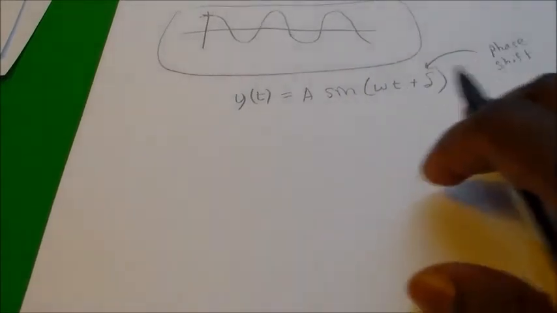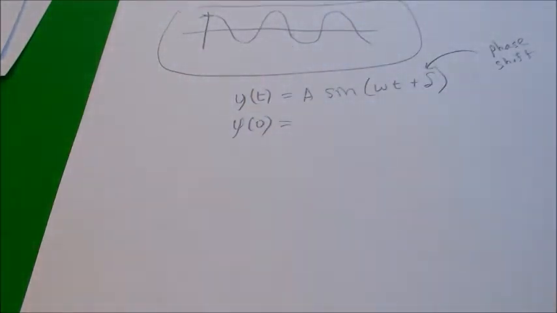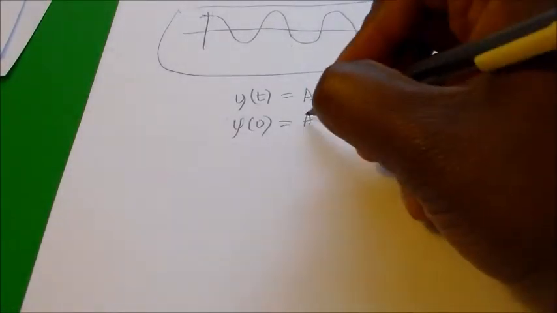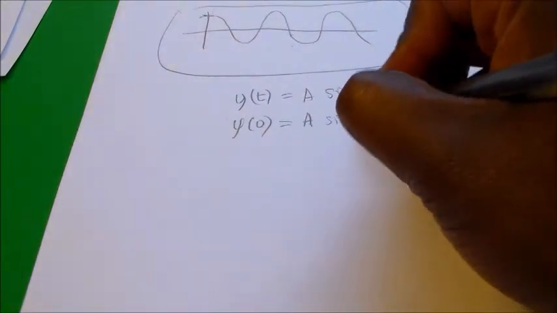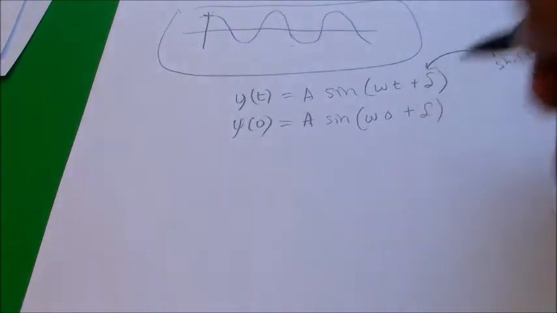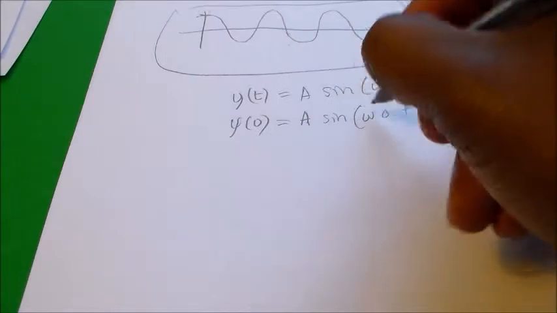Okay, so what we note is that when we have y at time t equals 0, we have our function at its highest amplitude, sine omega, let's go ahead and put 0 in there, plus this phase angle, or this phase shift, all right?